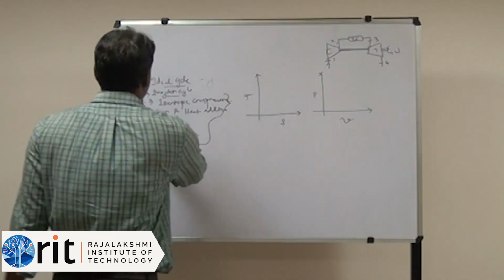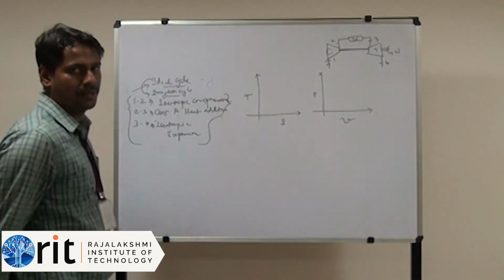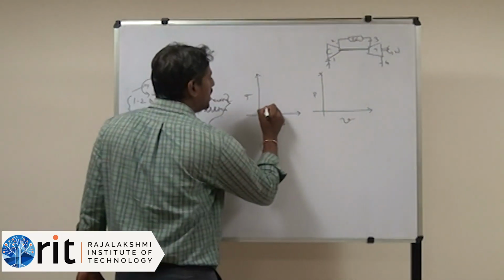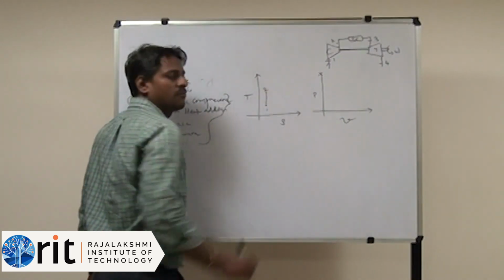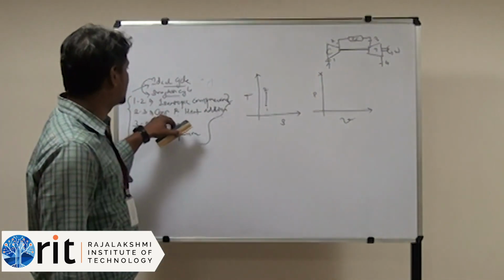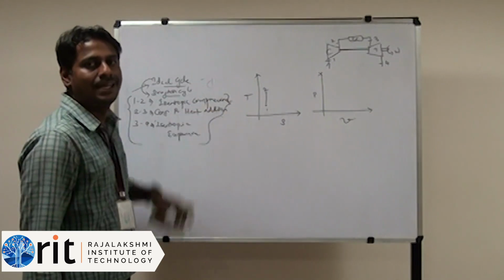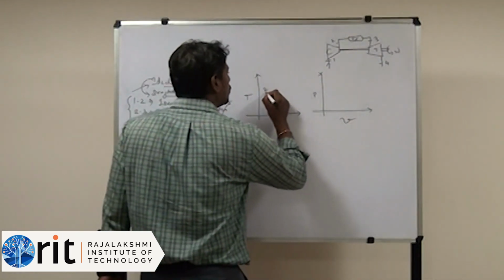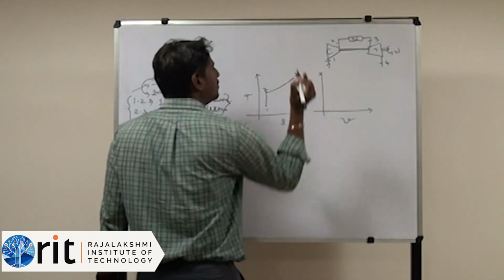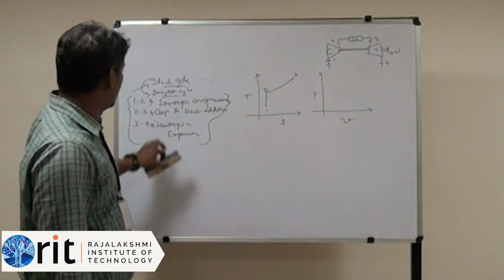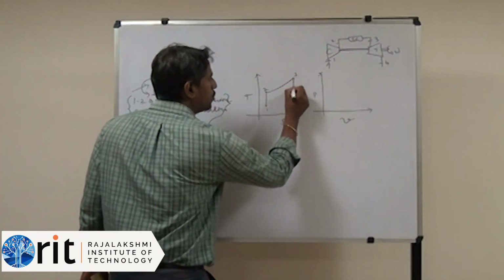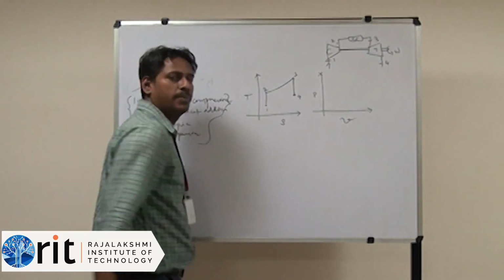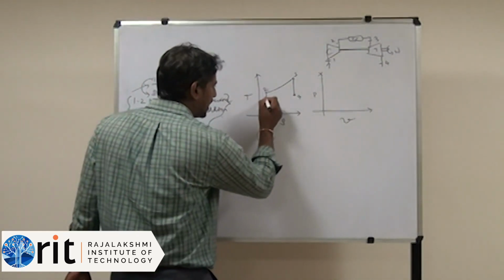We said that 1 to 2 is isentropic compression process, which can be drawn as a vertical line 1 to 2. Then the next process is constant pressure heat addition, 2 to 3. And the next process is isentropic expansion, 3 to 4. So this is the cycle.